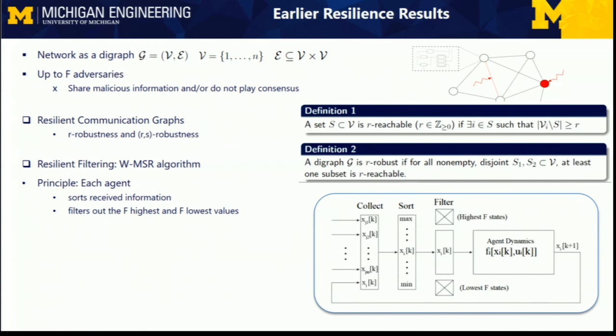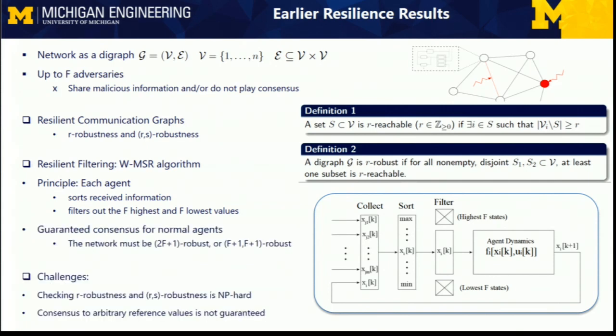What you can show is that if your graph is 2F plus 1 robust, and you do this filtering, then the good agents are going to achieve eventually a resilient consensus, okay? So if you are connected to sufficiently many agents, then you can tolerate up to F agents that might be bad without knowing who the bad agents are, okay?